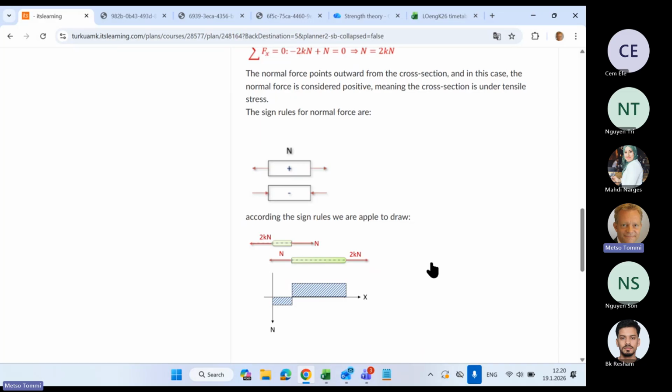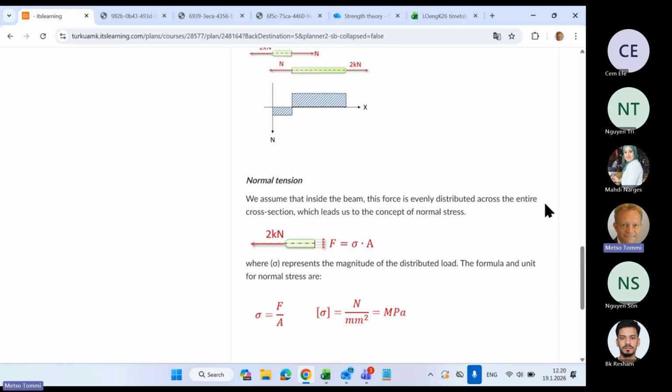And now let's go here. And this is the main subject this week. So what kind of tension or stress is in the beam? And because this F has to be the same size as this force, 2 kilonewtons, and force is distributed load times area or cross section.